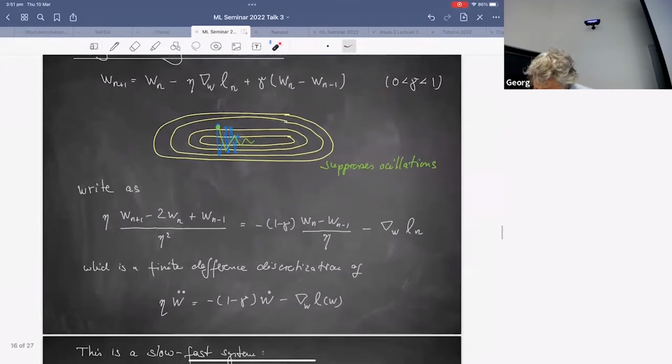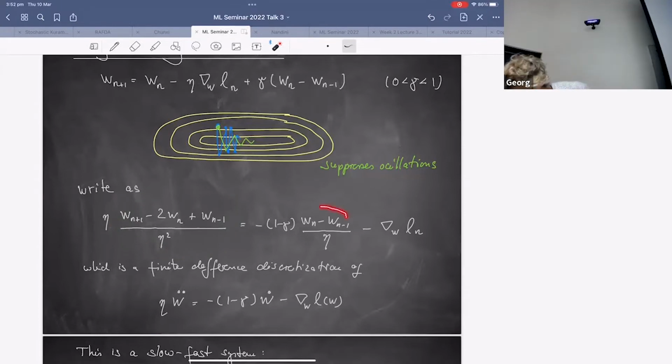So let's try to understand this. You can write this here by subtracting two of those equations and write it in this way here. Again, eta is the learning rate. And if I now interpret eta, the learning rate, as some kind of time stepping, then this is a consistent second order approximation of the second time derivative.